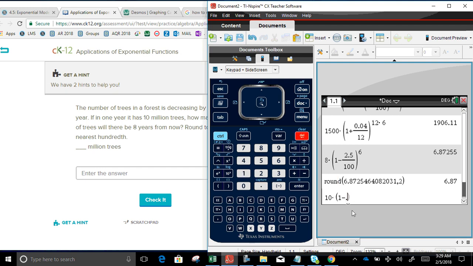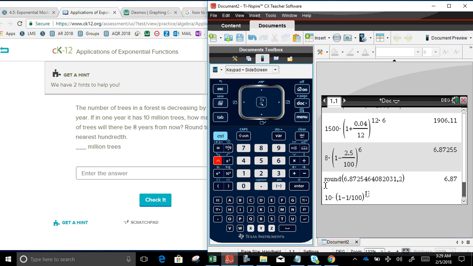0.01, 1%, or 1 divided by 100. The next power is 8 years from now. So 1 times 8, which is just 8.